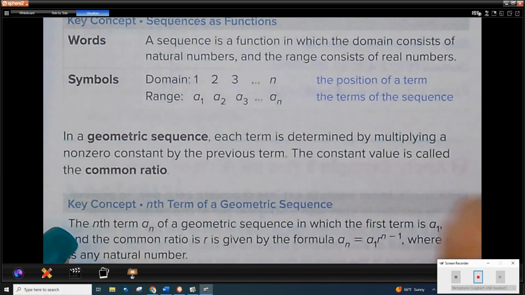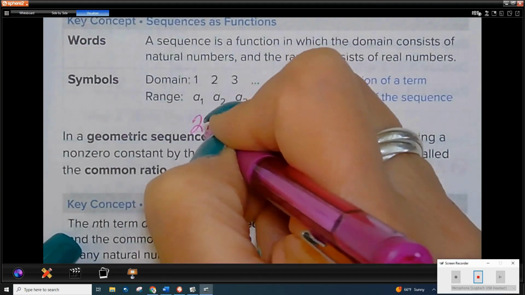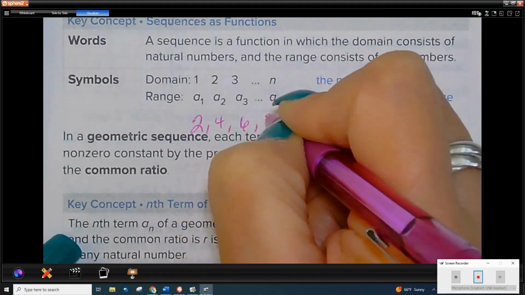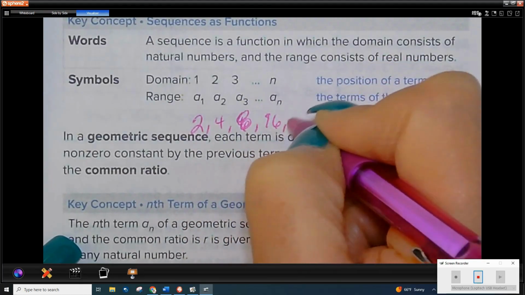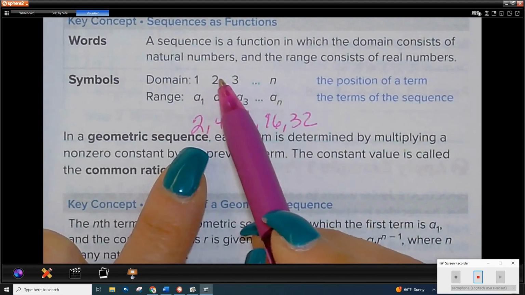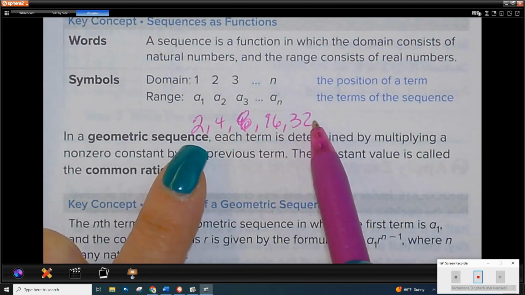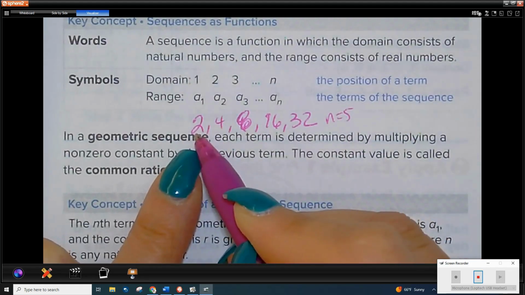So if I made up the sequence, let's use 2, 4, 8, 16, 32. 1, 2, 3, 4, 5. N is 5 because there's 5 terms. A1 is 2.